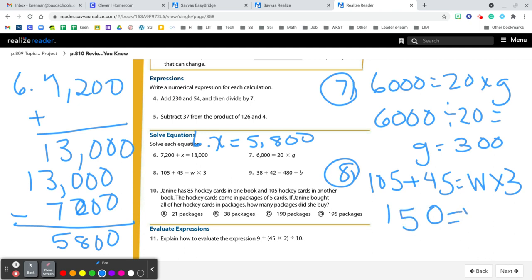So 150 equals what number times 3? We can take 150 and divide it by 3 because we're using the opposite. With multiplication in our problem, we're going to use division. So we know 50 times 3 equals 150, so W equals 50.